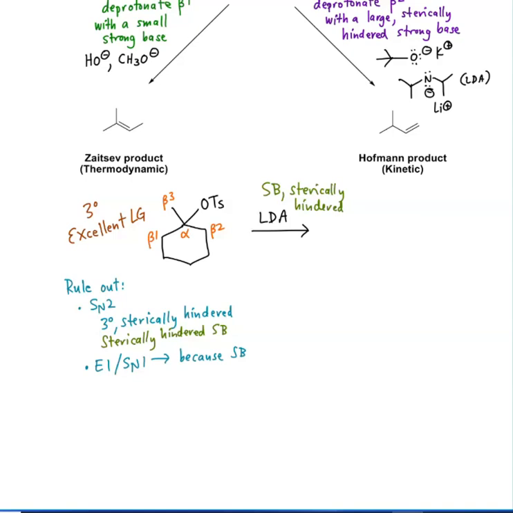It's more likely that LDA is going to go for beta 3, because it's less sterically hindered than either beta 1 or beta 2. So LDA will pull a proton off of beta 3. The pi bond will form. OTs gets booted out. And the result is the Hofmann product.